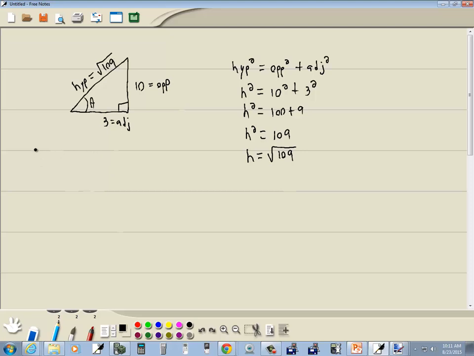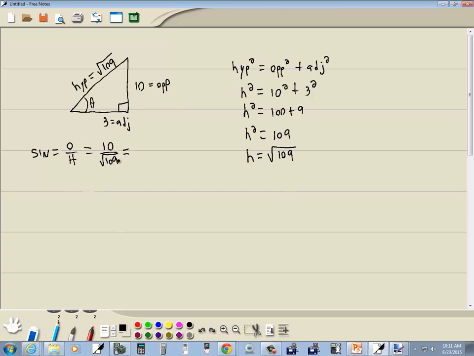Okay. Well, sine. Sine of this angle is equal to adjacent over hypotenuse. Oops, try it again. Opposite over hypotenuse. It didn't look right when I wrote it down. Well, opposite is 10. Hypotenuse is square root of 109.